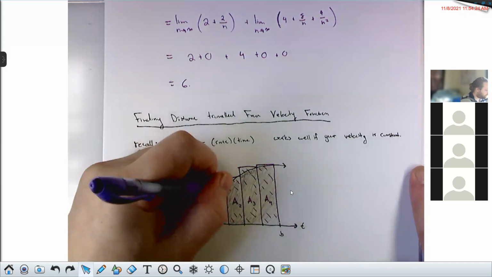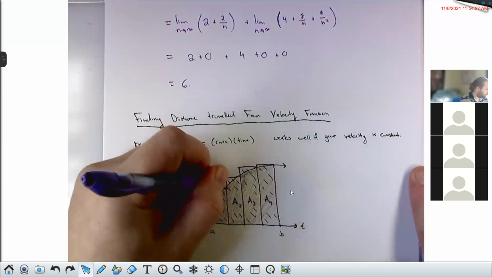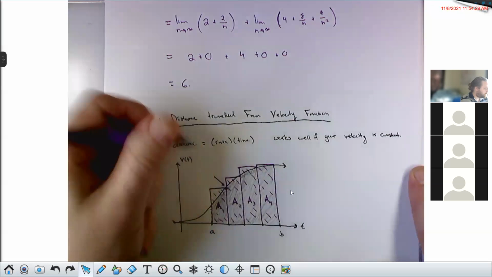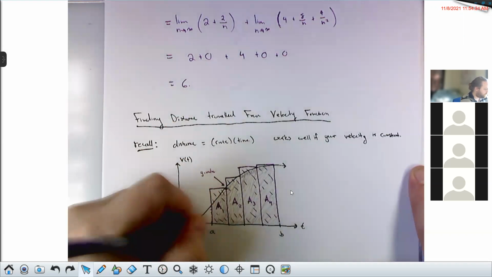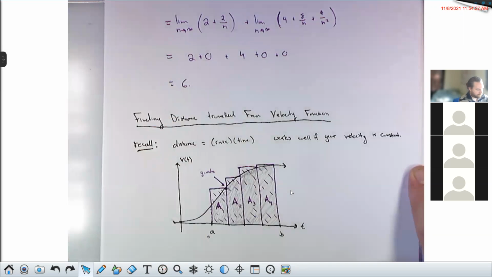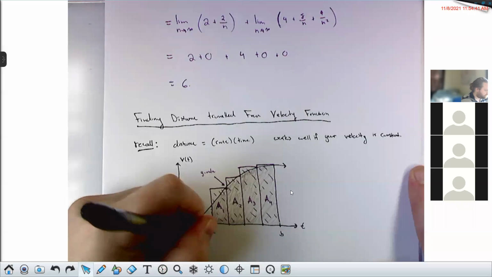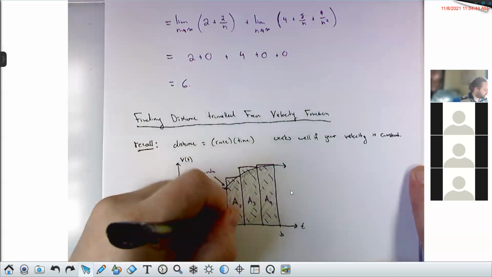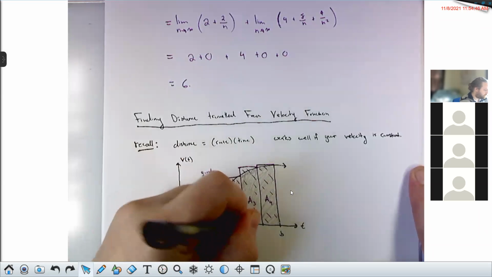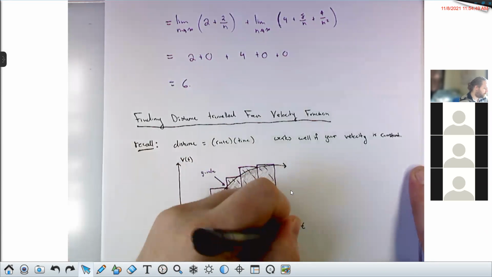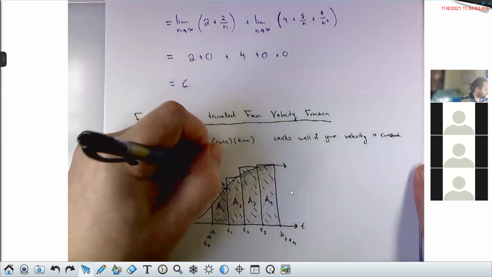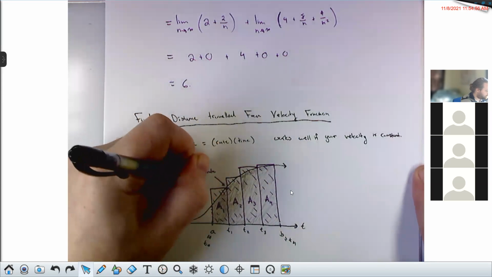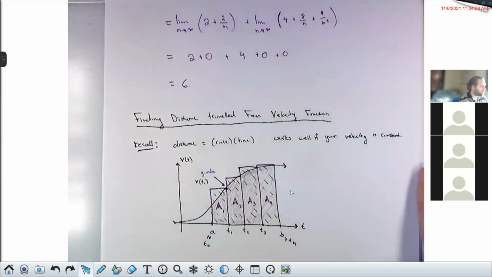And let me call this y value, well, what would it be? This is x0, or t0, I guess, if t is my variable, using that same notation, t0, t1, t2, t3, and t4. The y value there is v of t1, the velocity at time t1.